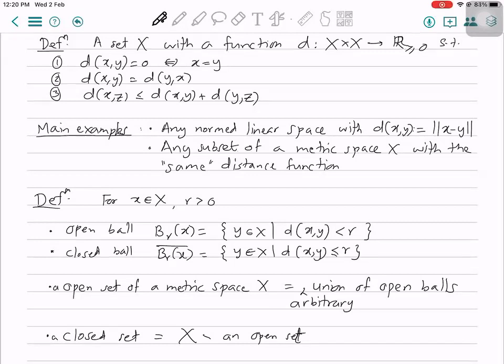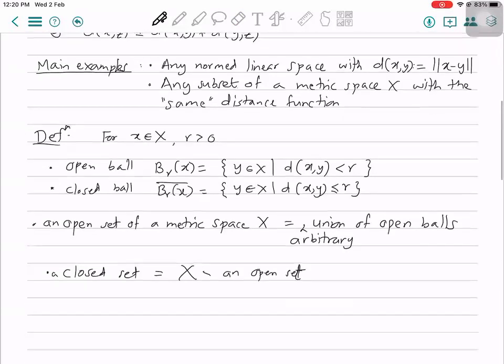So one thing, this is an open set, so that means it's fixed. So does it depend on X? Yes, absolutely. It depends on the metric space X. In particular, okay, so let me come to that.